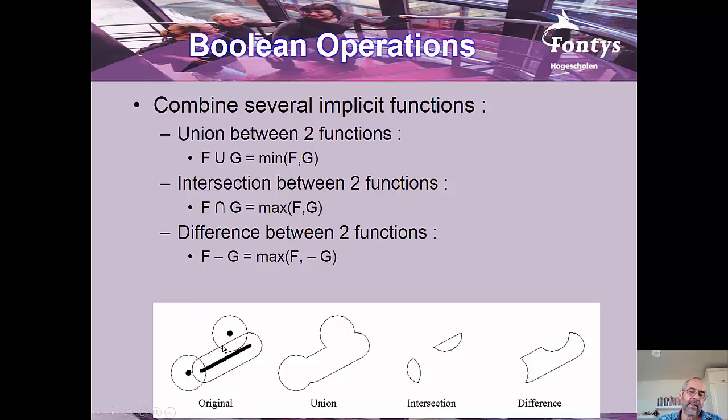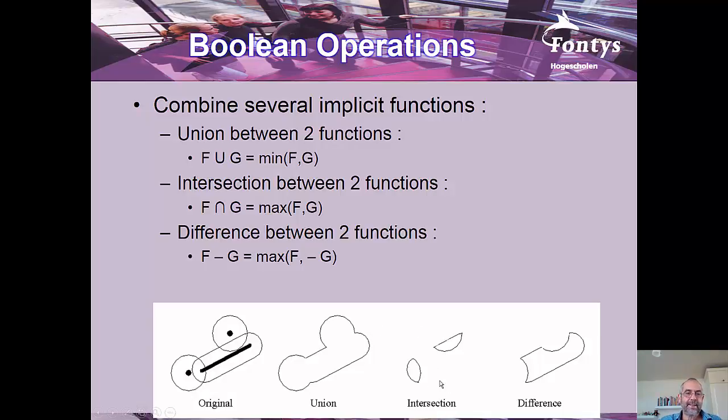So for example, imagine that you have 3 implicit functions that define this sphere, this one and this capsule. Then we can say I want to have the union of all 3. That would be this object, everything combined.